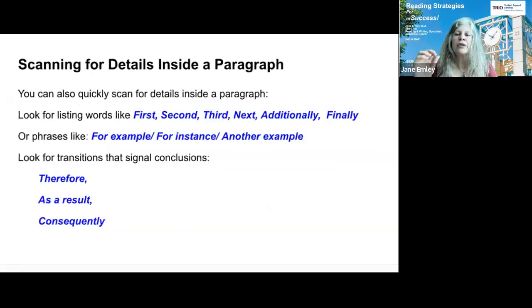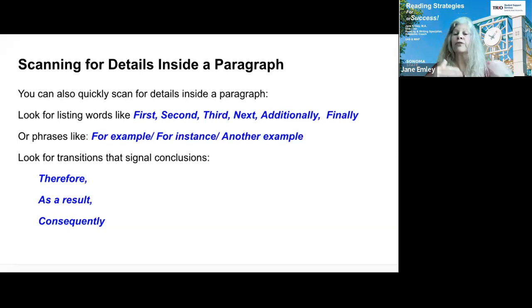Okay. You can also use scanning as a strategy when you quickly want to locate supporting detail within a paragraph. So you might be attuned to looking for listing words like first, second, third, next, additionally, finally. Within a paragraph, those transitional terms could also appear in the topic sentences.